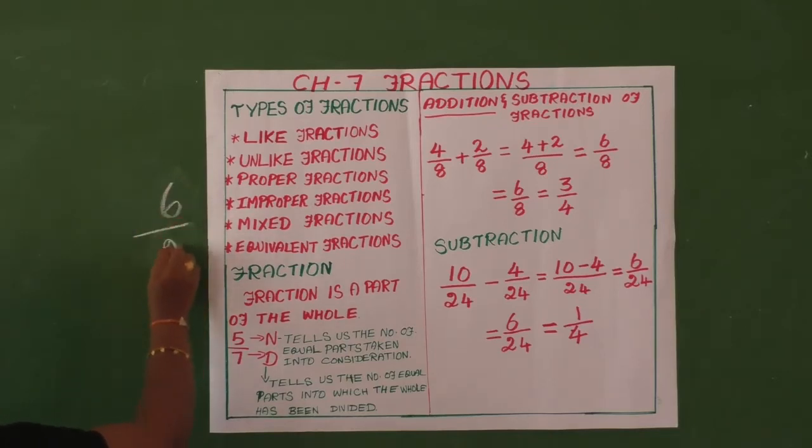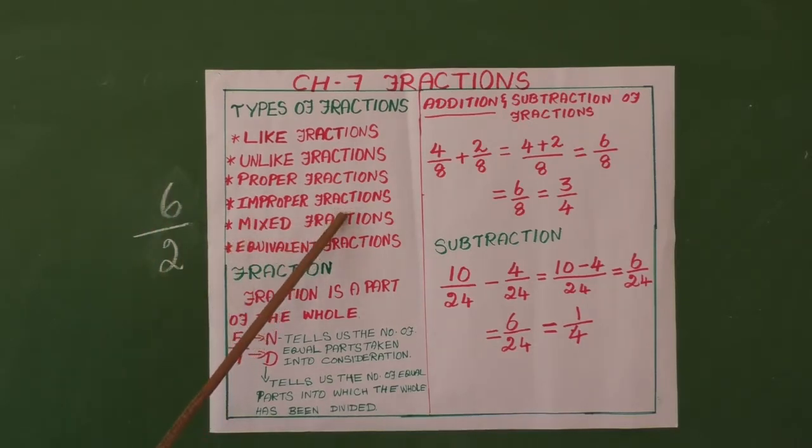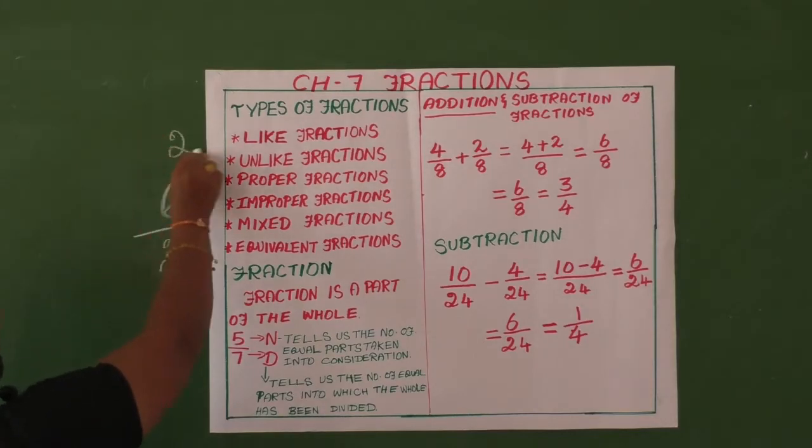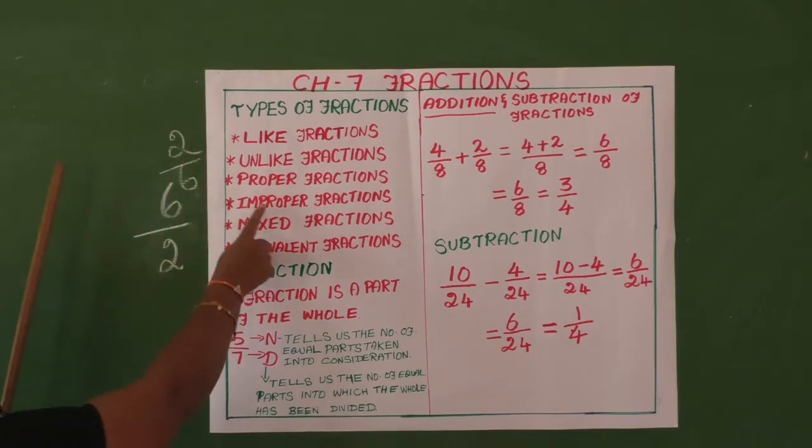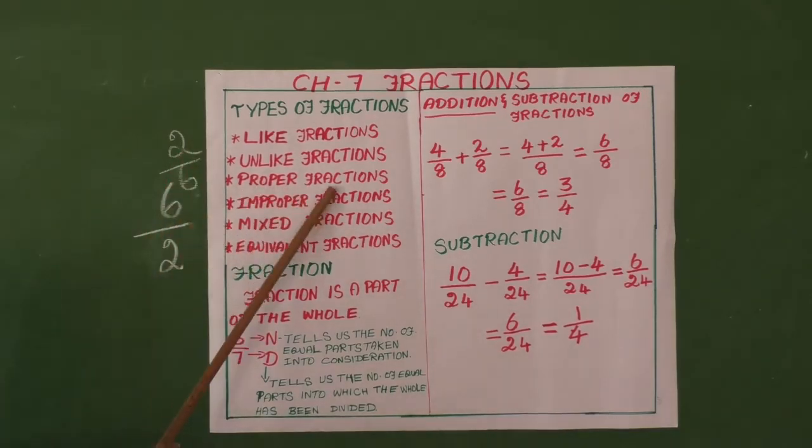Proper fraction means the numerator is less than the denominator. See here, 2 by 6, the numerator is less than the denominator, so we are calling it a proper fraction. But improper fraction means our numerator is greater than the denominator.